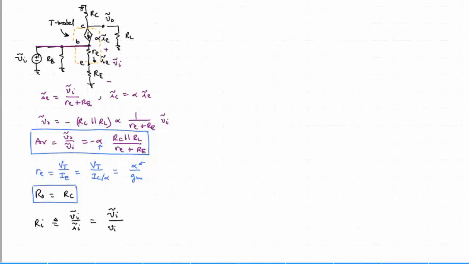We'll have VI over RB, so that's one source of current, plus IE divided by beta plus 1.